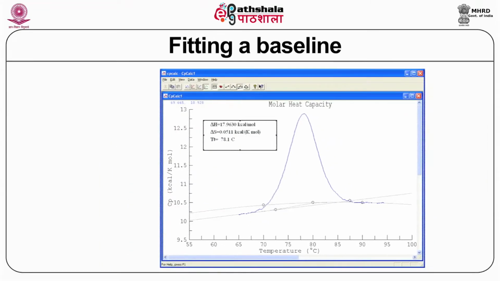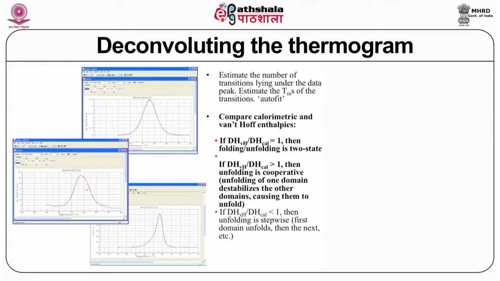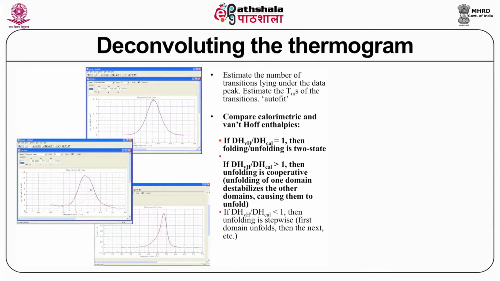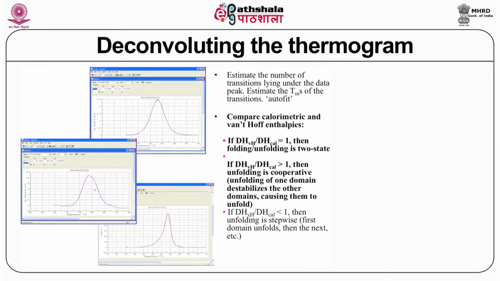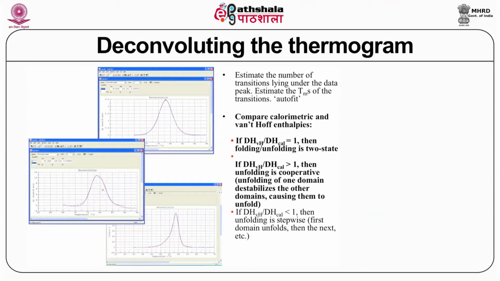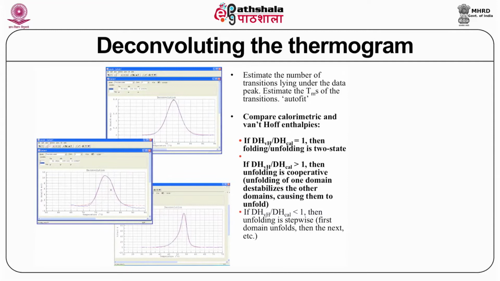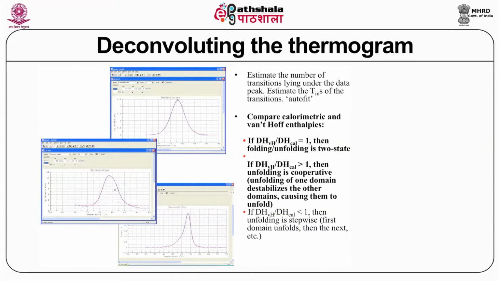Fit the baseline, you have to do this baseline first. Then deconvolute the thermograms, you have to put them all together, estimate the number of transitions and determine the Tm. Actually, you have to do an auto fit. Once you get the data, you will not know which type of enthalpy changes it is fitting to.